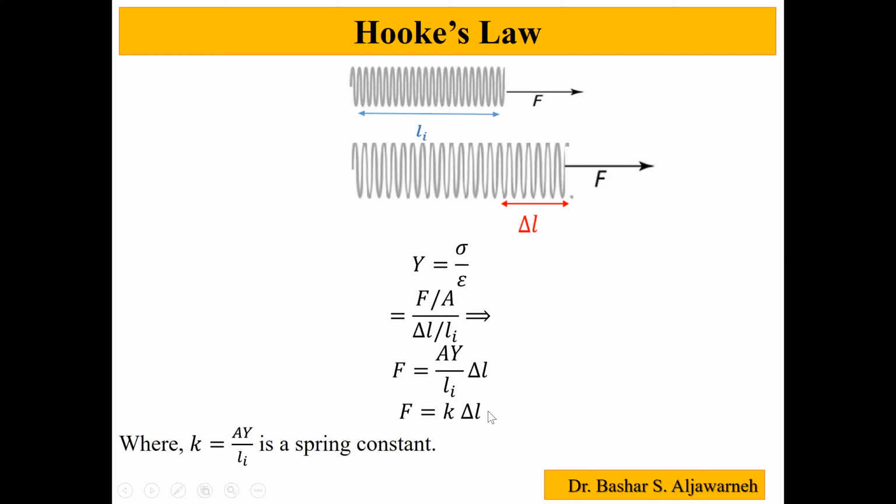You can use either this formula and say K is the applying force divided by change in length. Therefore, the unit of the spring constant is Newton per meter, or you can check your result using this formula.